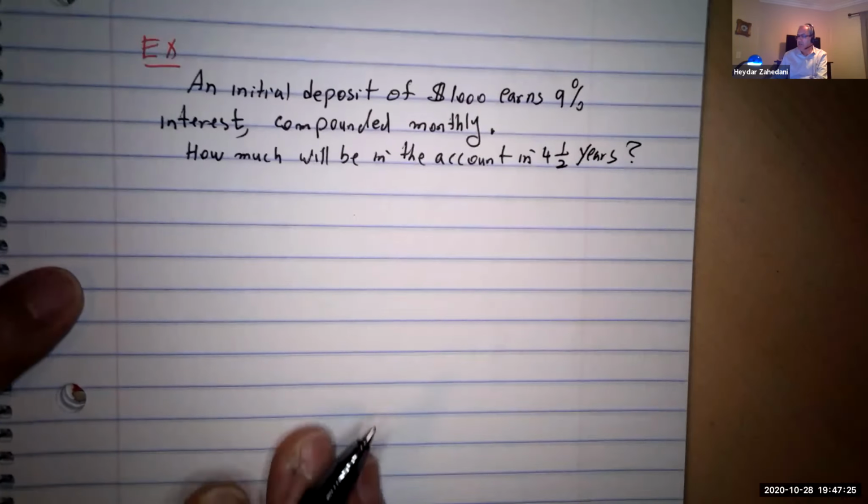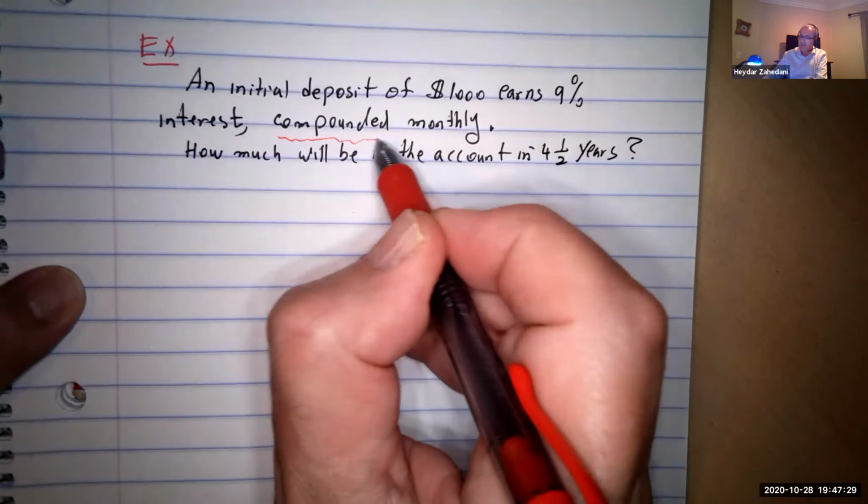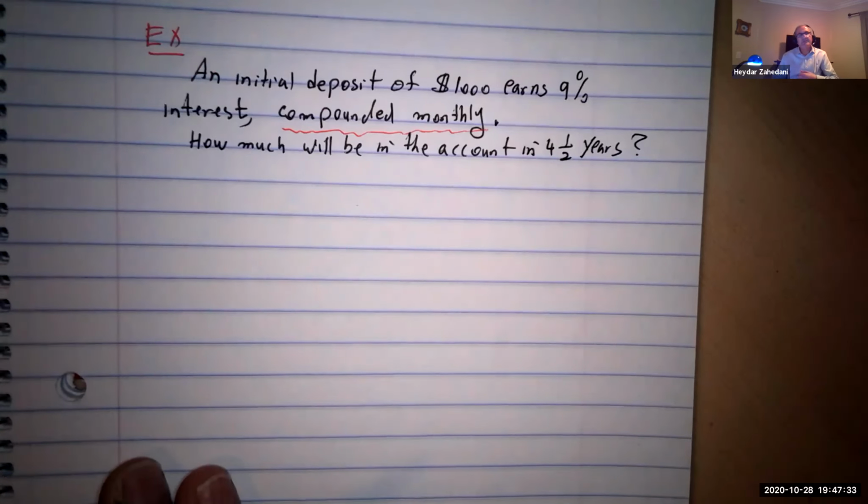So that's going to be the problem. You are going to focus on this one. Compound monthly means in a year you are going to do it 12 times. So it's a finite number of times, so it's not continuously. So you have to use the other formulas.